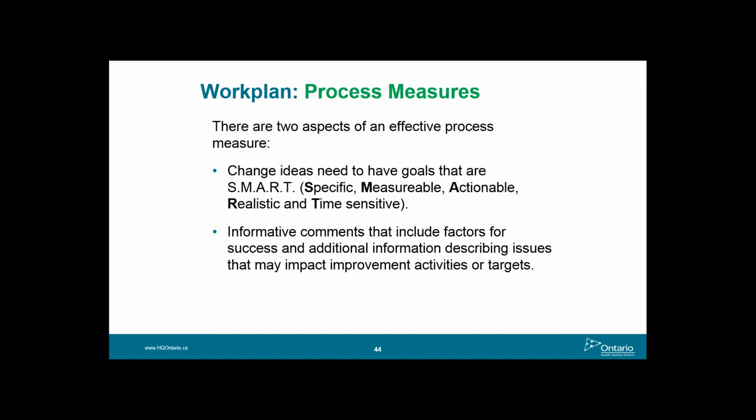So you want measures that are specific, measurable, actionable, realistic and time sensitive, that SMART acronym. And you also want to make sure that your process measure has comments about why you think it will measure that change idea.